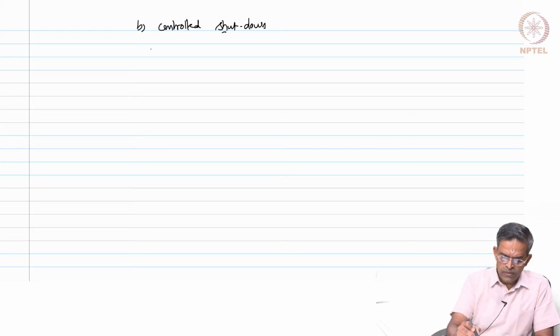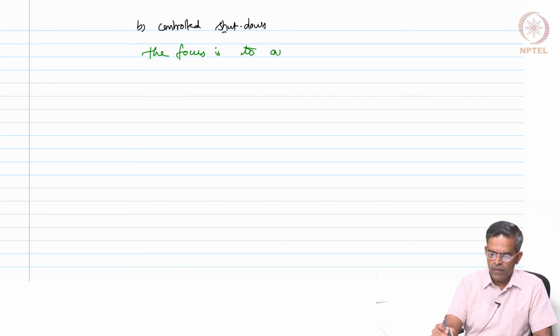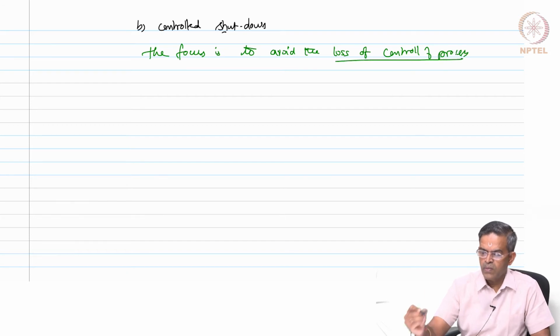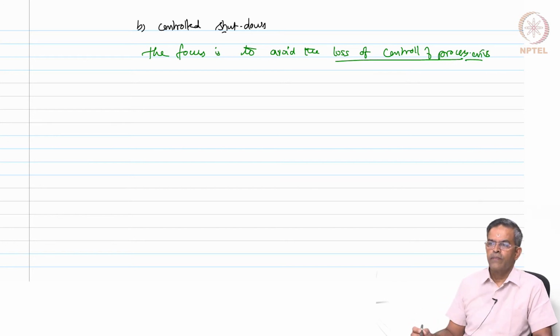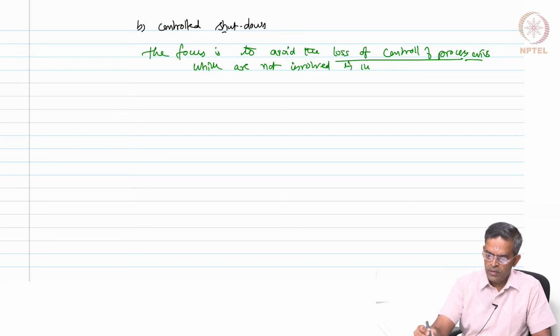The focus here is to avoid the loss of control of process units which are not involved in the event.